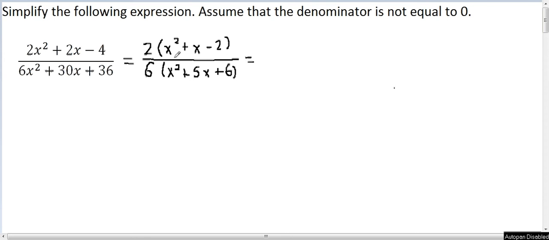If we look at the numbers in front of the two polynomials, we have 2 and 6. They are both multiples of 2, so we can divide both of these numbers by 2, which leaves us with just 3 in the denominator.